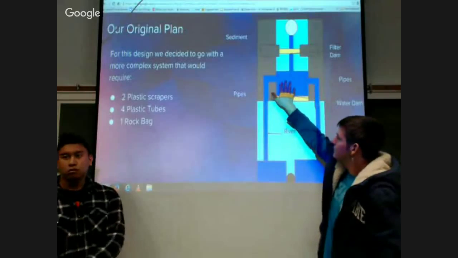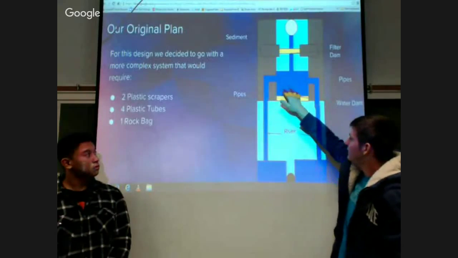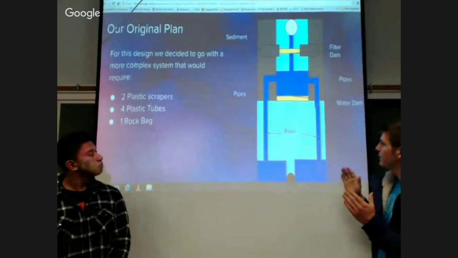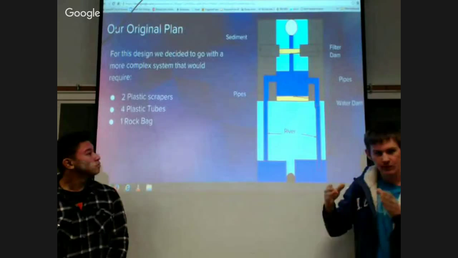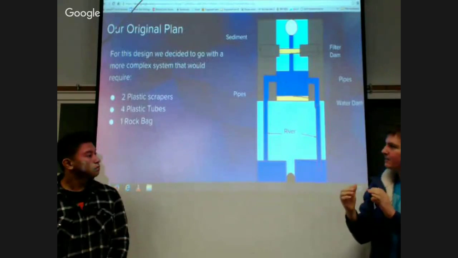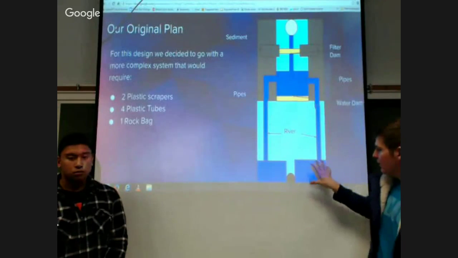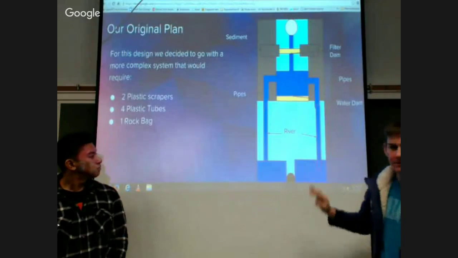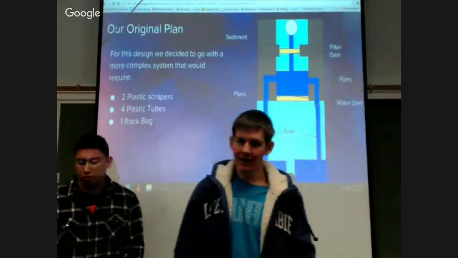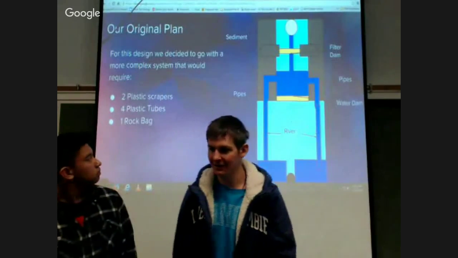We also placed pipes here and here, so we can redirect the water, so it's not going through one huge main pipe, forcing the sediment down. Then all the water would just build up here, all clean, no sediment at all. However, that didn't work out at all.